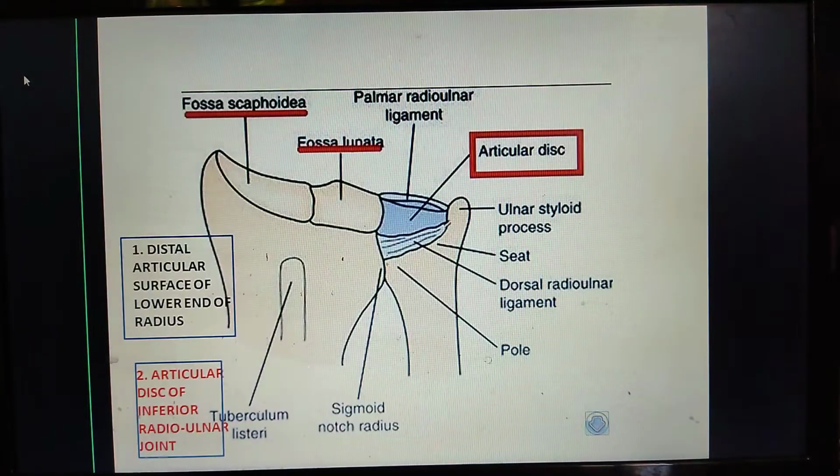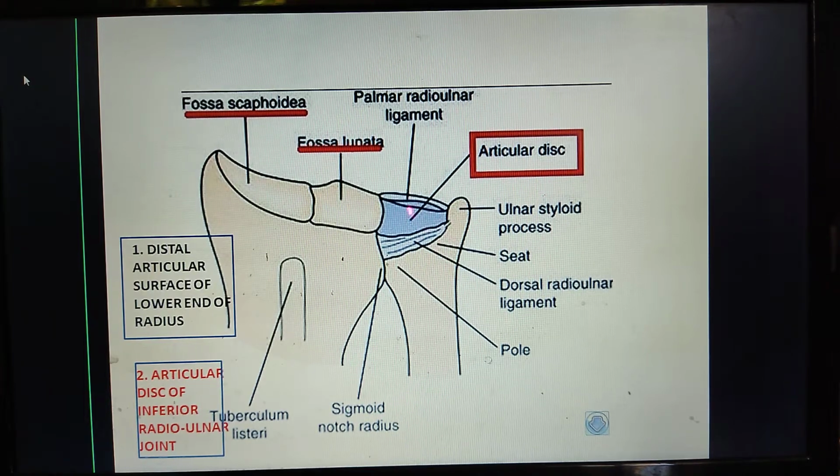And this is another view of the proximal articulating bony surfaces, which shows that the distal articular surface of the lower end of the radius presents a fossa scaphoidea and a fossa lunata for articulating respectively with the scaphoid and the lunate bones.